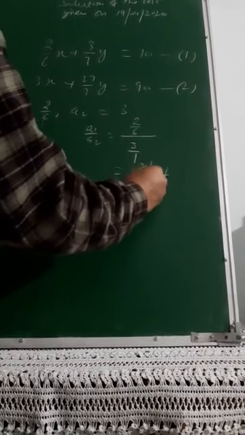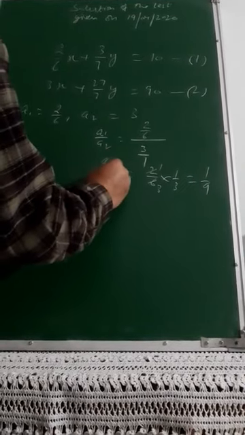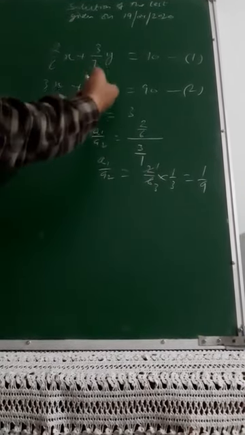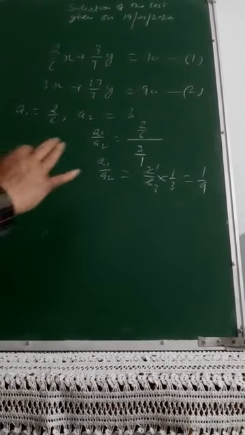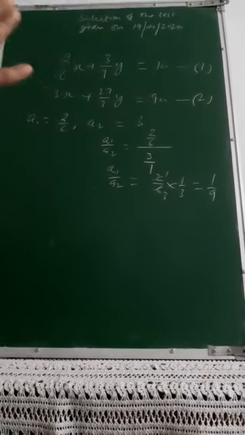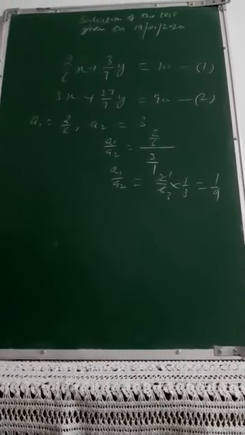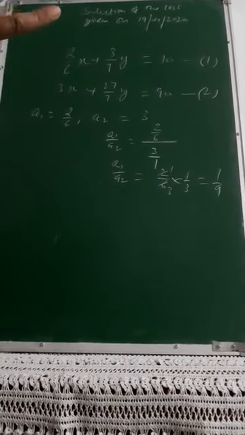If you do the cancellation, this becomes equal to 1 upon 9. So your value of a1 upon a2 is 1 upon 9. Now let us check b1, because first of all I have to make it very clear how many solutions are going to take place. Then I will be in a position to go for the substitution method without any thinking. I will not start writing my answer directly.